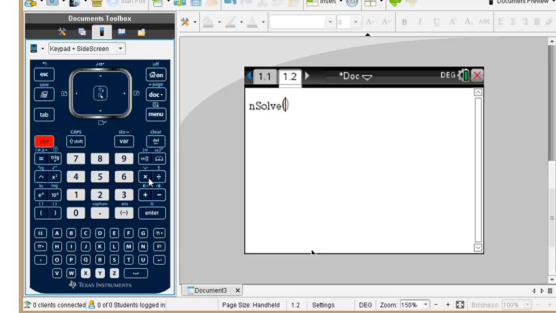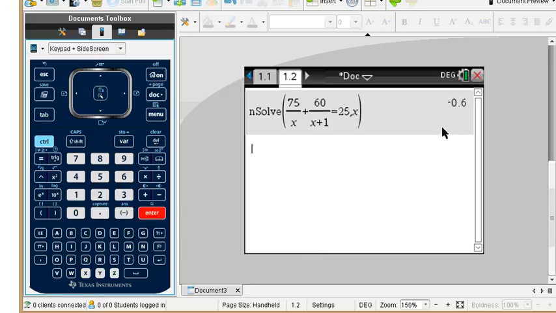We put 75 over x plus 60 over x plus 1, and this is going to be equal to 25 dollars per person. Then we press comma x, and we get negative 0.6.